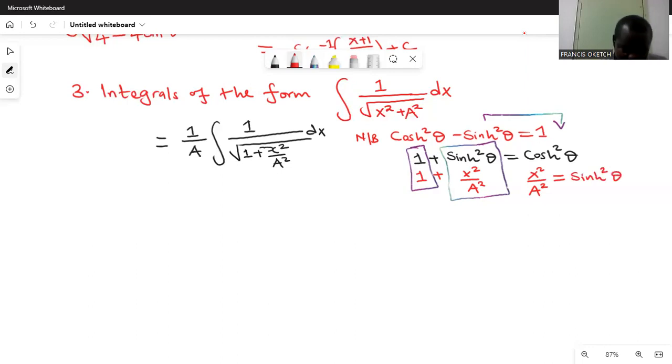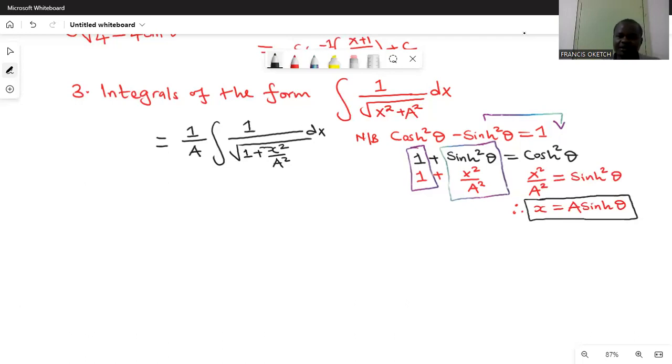And what you do here is make x the subject. Therefore, x squared is equal to a squared sinh squared theta, and then you take the square root on both sides so that x is equal to a times hyperbolic sine theta. That is the substitution that you need to make.